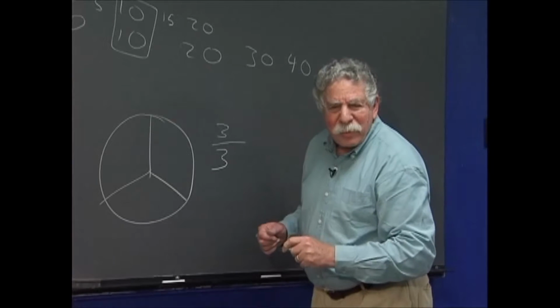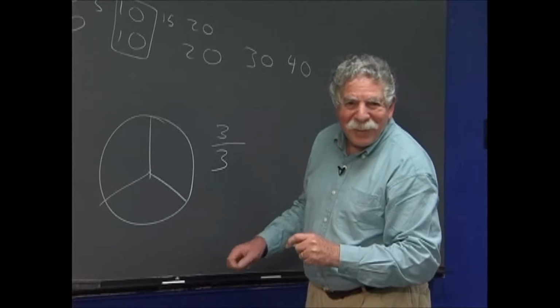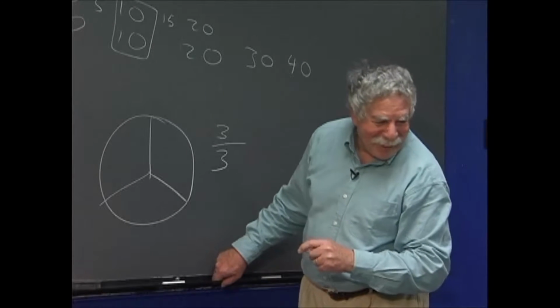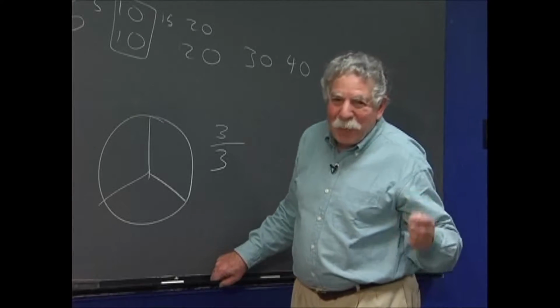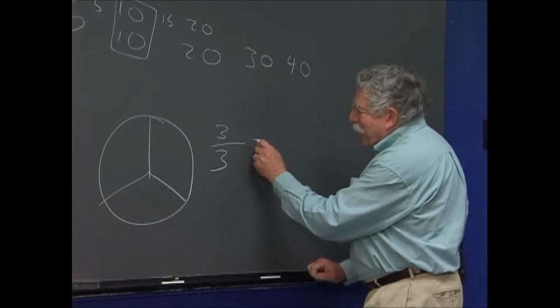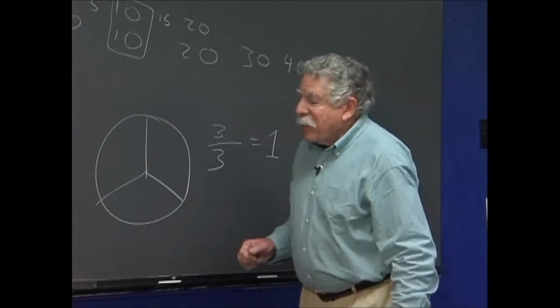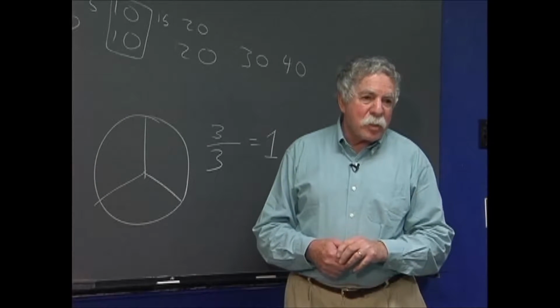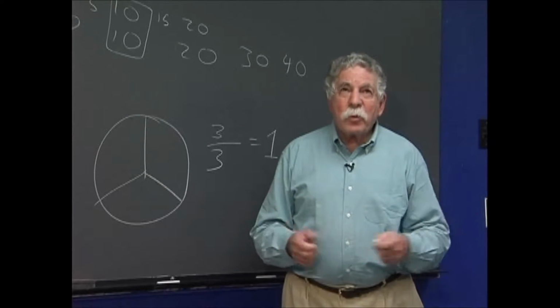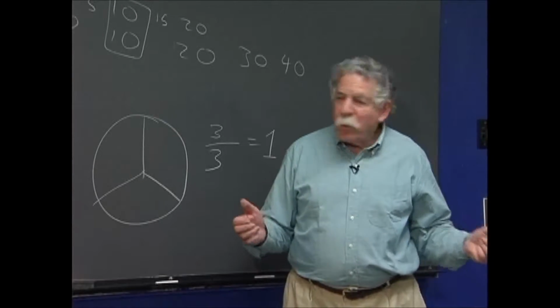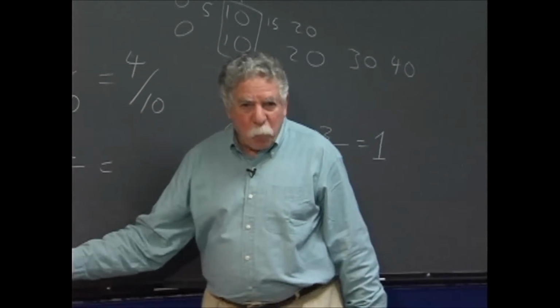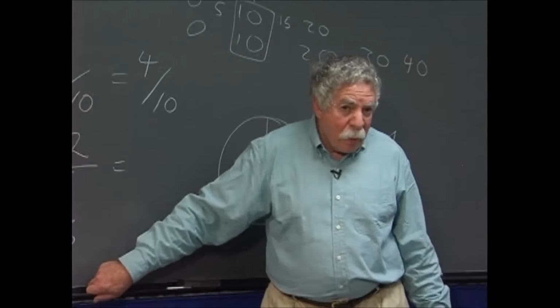Oh, what kind of cake is it? A whole cake. Okay, I was thinking it was a chocolate cake. But anyway, the 3/3 make 1, and 7/7 makes how much? The whole cake. And 20/20 makes the whole cake. Yeah, so 20/20 everything is 1. It always adds up to a whole.